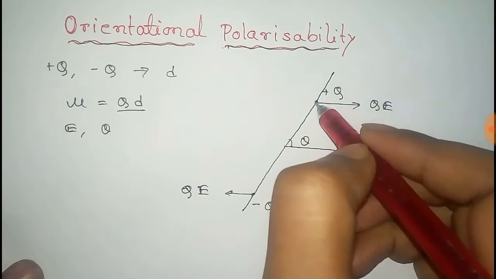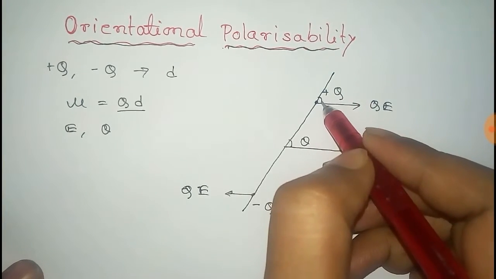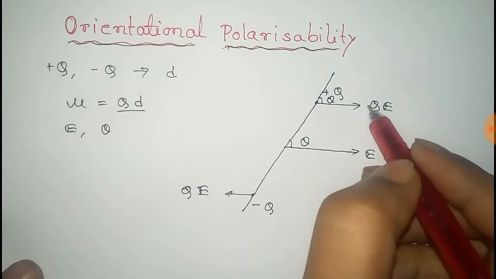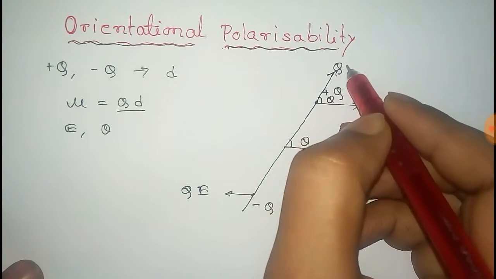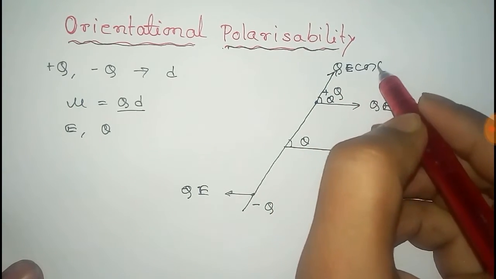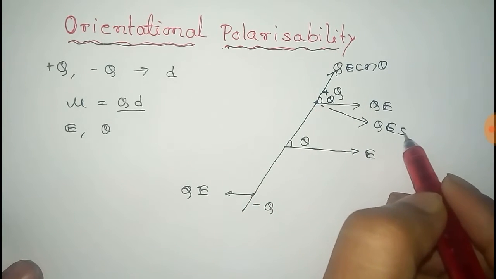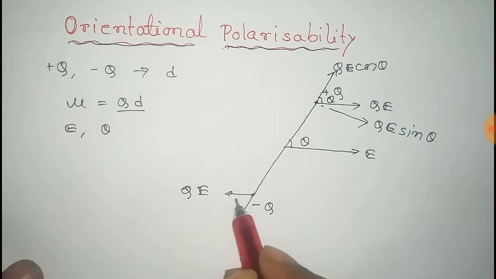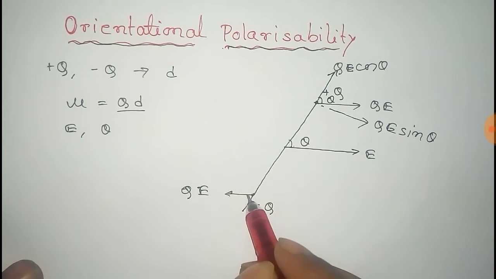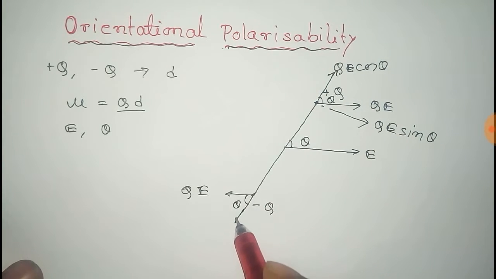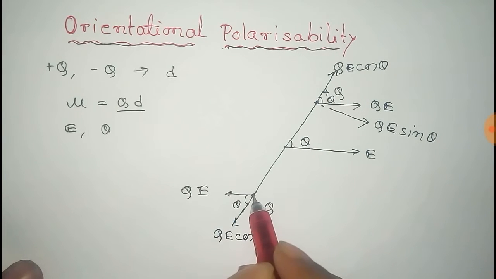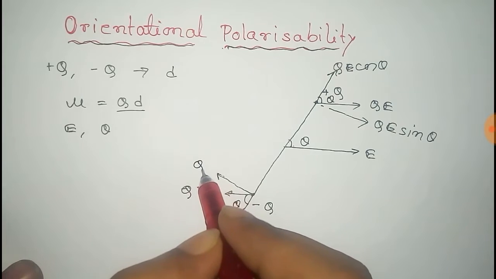This angle is equal to this angle, so the component of this force along this direction is QE cos theta, and the component in this direction is QE sin theta. Similarly, for this angle theta, the component in this direction is QE cos theta, and in this direction is QE sin theta.